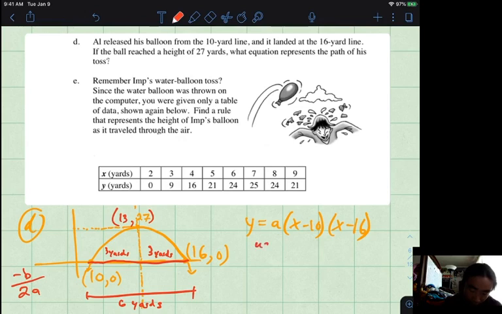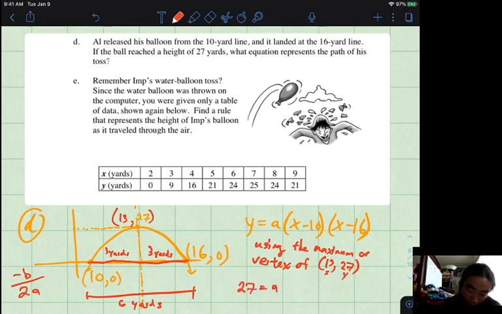So using another point we know for sure is on our parabola, the vertex, the maximum or vertex of 13, 27, we can now solve for a.